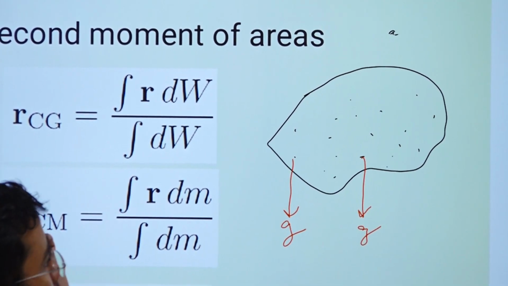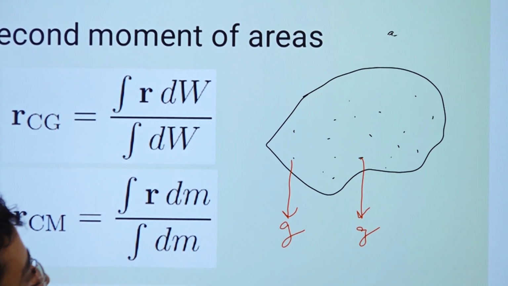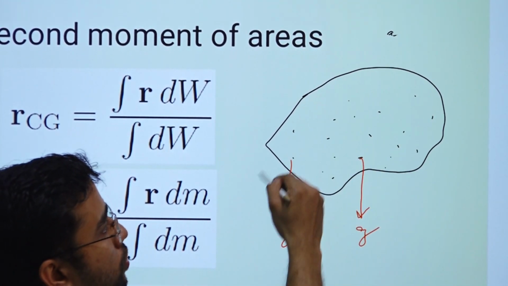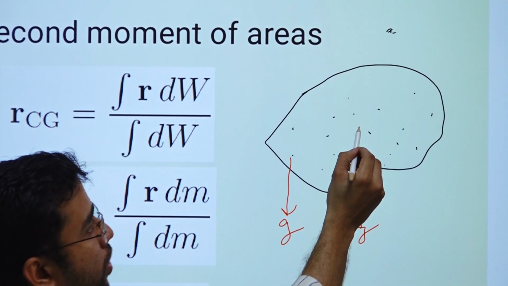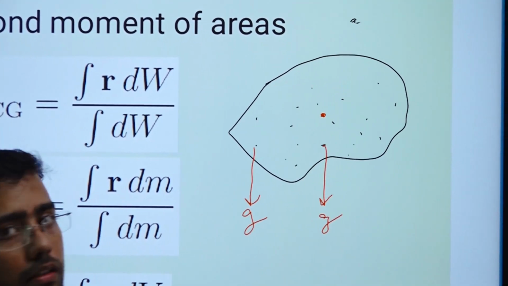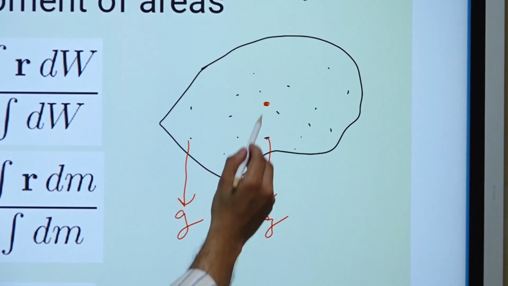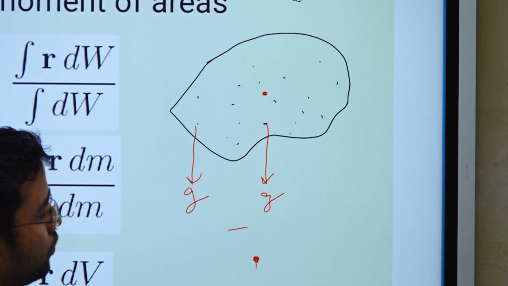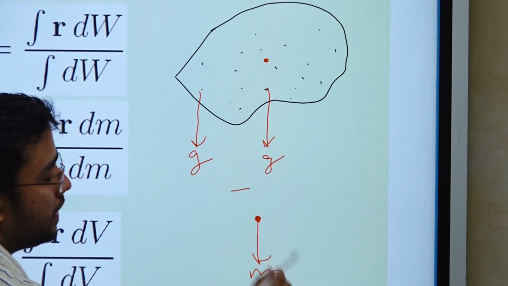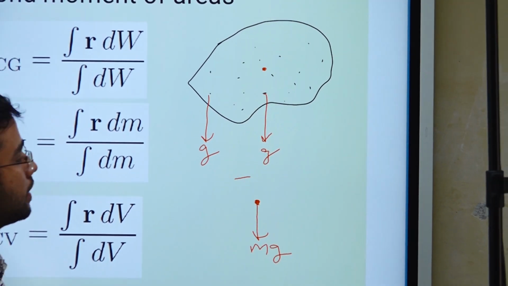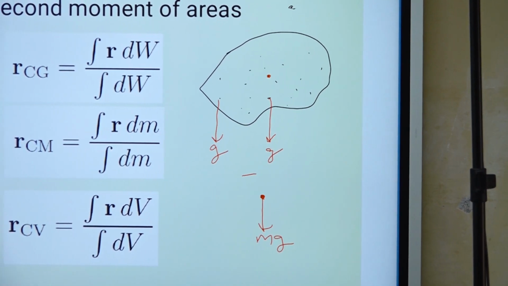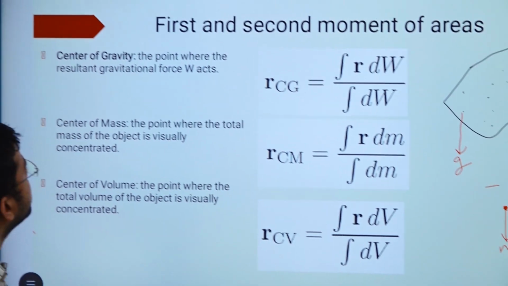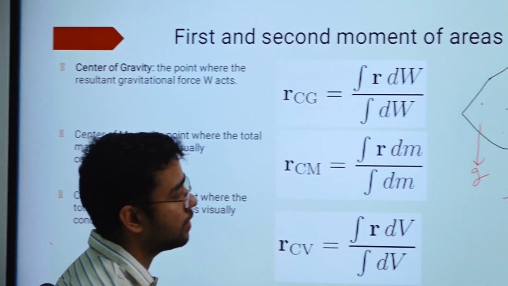Now suppose we assume that this whole mass is concentrated at one point somewhere here, and at this point we can assume that the total weight, total gravity, is acting. This point is called the center of gravity, right?